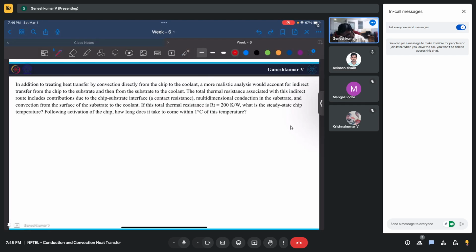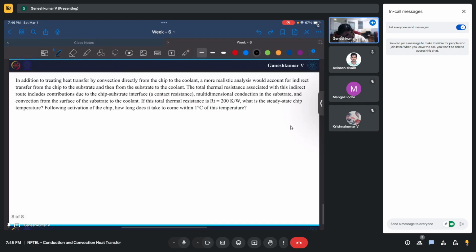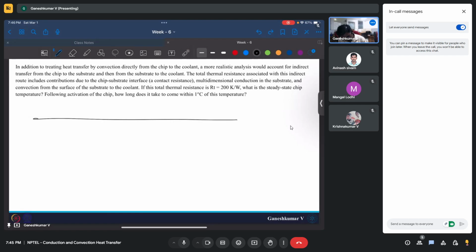So basically, maybe if I draw it, it would be more clear. We know this is the chip and this is going to generate heat. Now there is a convection heat transfer from here to here, Q convection, which is what we accounted for previously, and we assumed that these walls have resistance that is too high, so heat cannot go here.